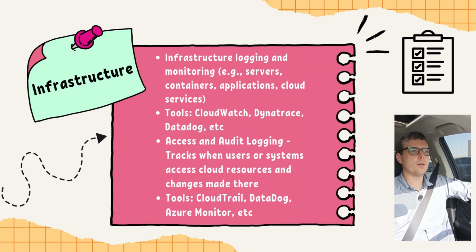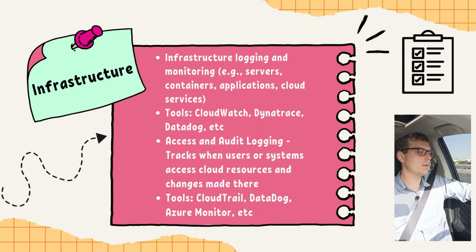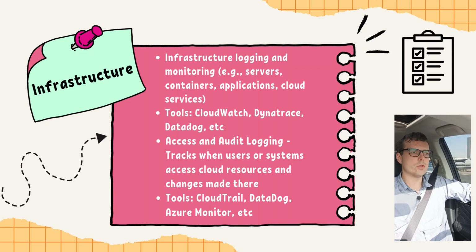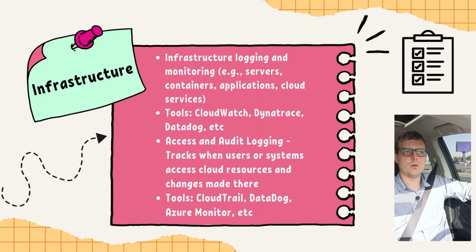Besides just having metrics related to your infrastructure, there is also another aspect, which is compliance and security. And in production applications, usually it's a very important aspect that you also need to keep an eye on. Compliance and security would require you to have audit level and access level logging. Cloud providers usually do it also.